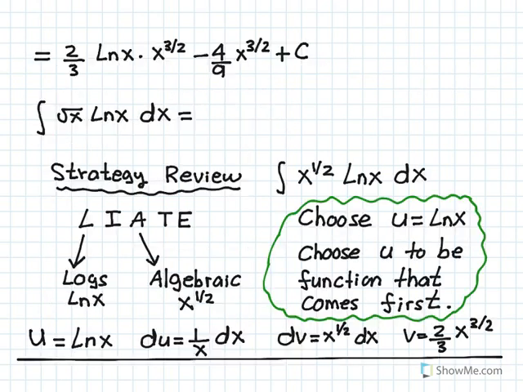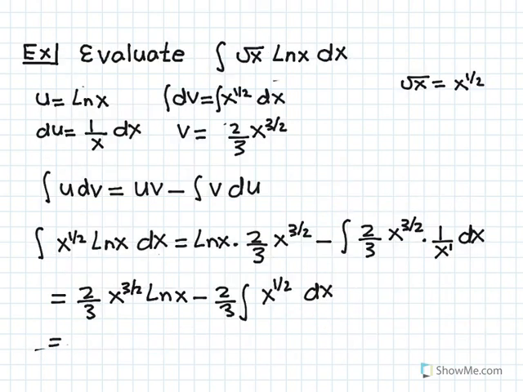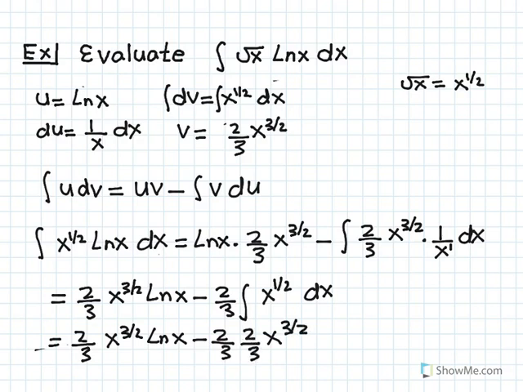All right, so what we have is 2/3 x to the 3/2 log x minus 2/3, and integrate x to the 1/2 using the reverse of the power rule. That's going to be x to the 1/2 plus 1, that's 3/2. Divide by 3/2, that's the same as multiplying by 2/3, plus constant c.